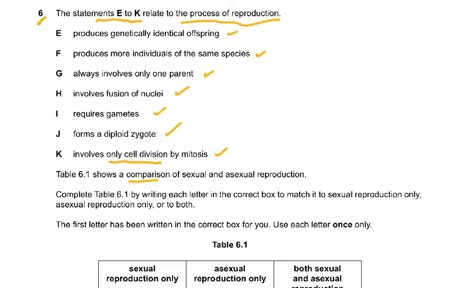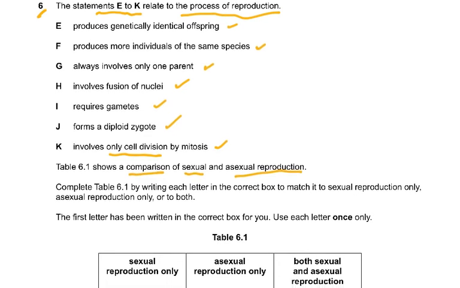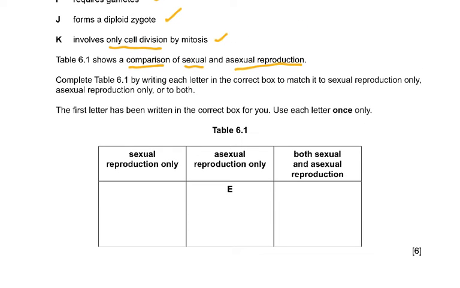Table 6.1 shows a comparison of sexual and asexual reproduction. Complete table 6.1 by writing each letter in the correct box to match it for sexual reproduction only, asexual reproduction only, or both. The first letter has been written in the correct box for you. Use each letter once only.